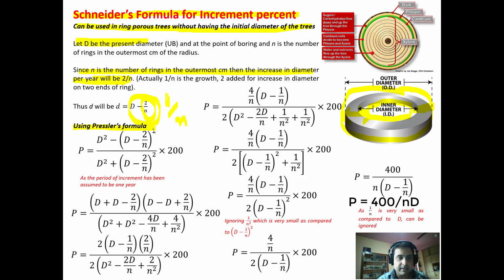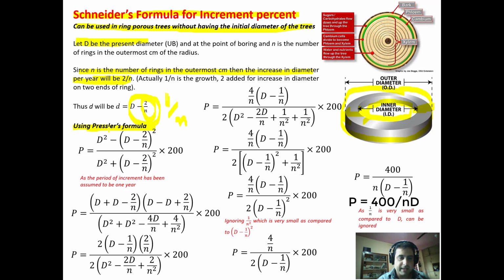Now using Pressler's formula, I told you earlier that when volume is represented in terms of diameter, the formula becomes squared. So D square minus (D minus 2 upon n) square means the same thing, where we used capital V and small v.